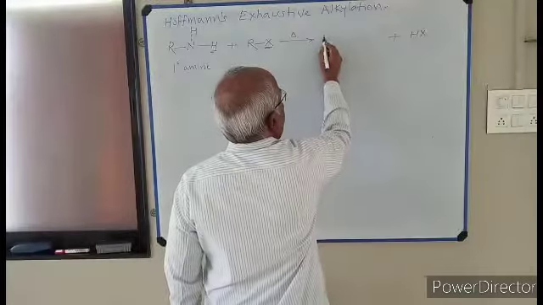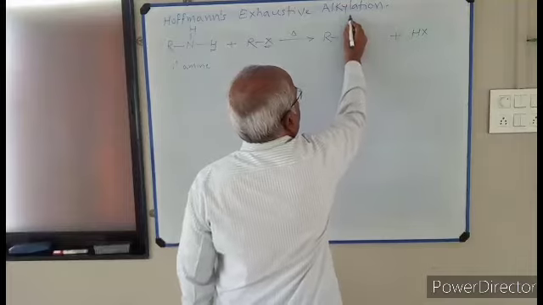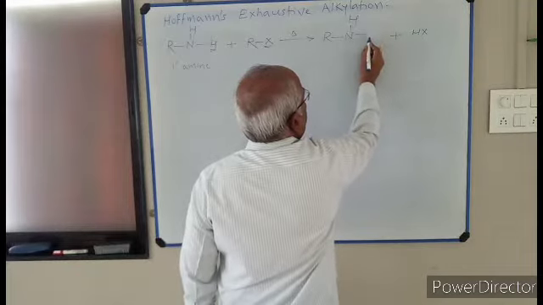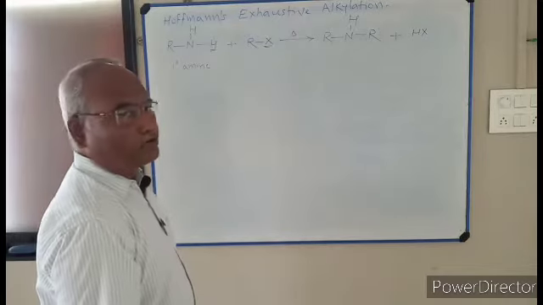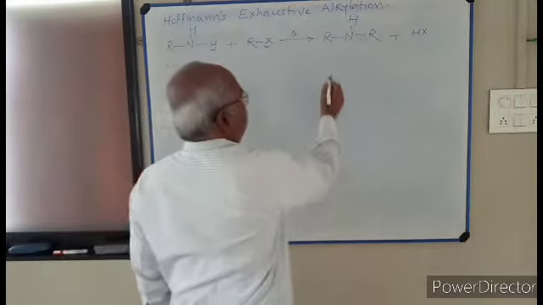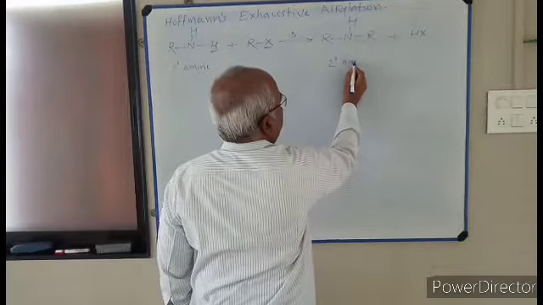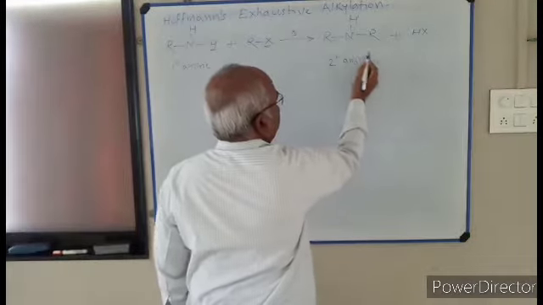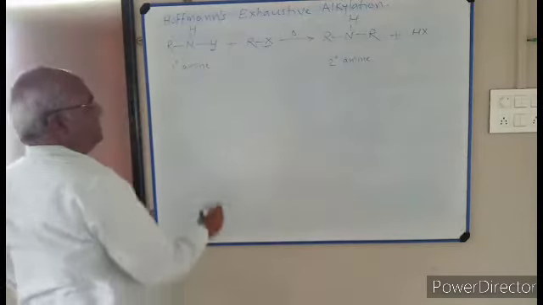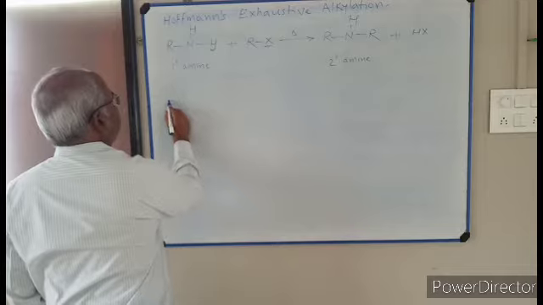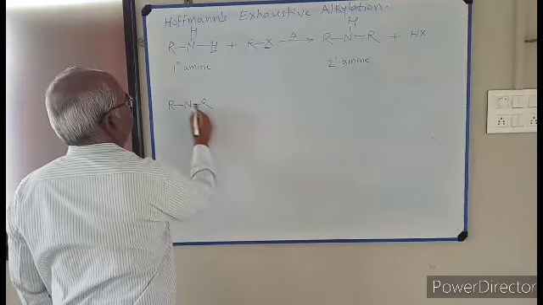The main product is R-NH-R. This is the main product. The name of the product is secondary amine.